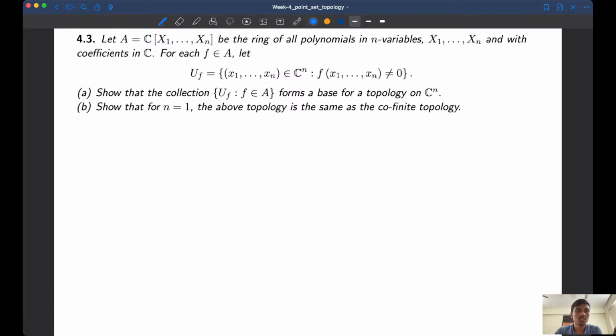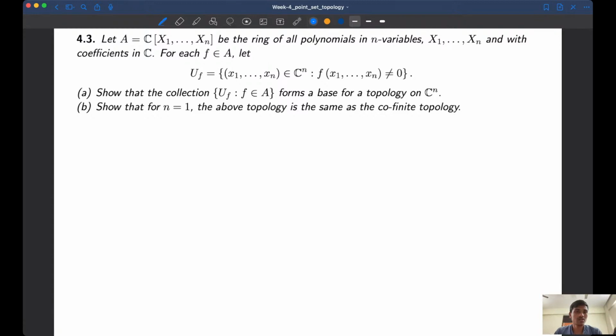For each such polynomial f, you define Uf to be all the points where the function is non-zero. So it is any polynomial, so it has some degree. Once you have a polynomial of some degree, it has roots, right? So Uf basically means that this is away from the roots, all the points which are not roots of this polynomial f.